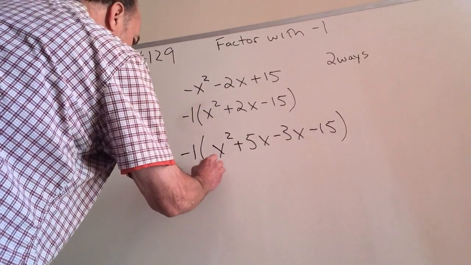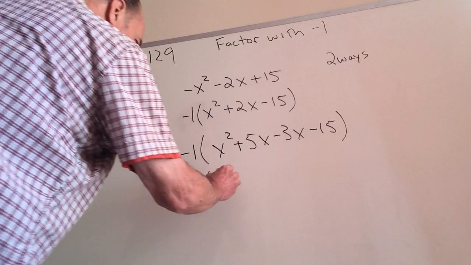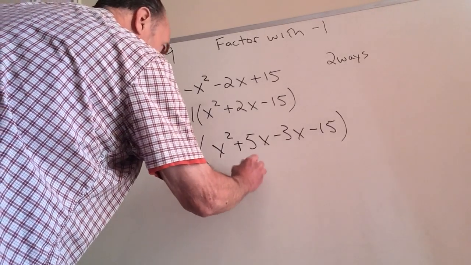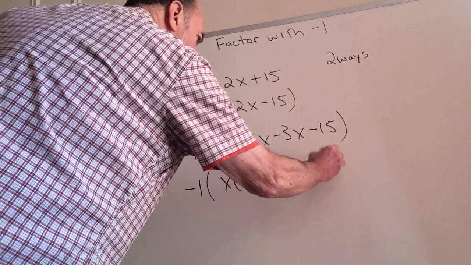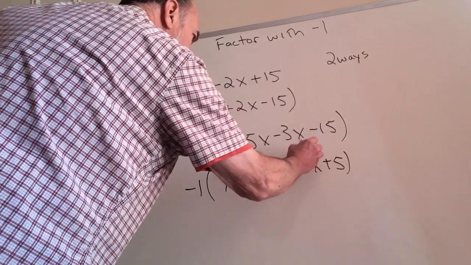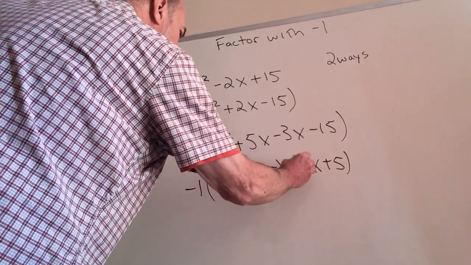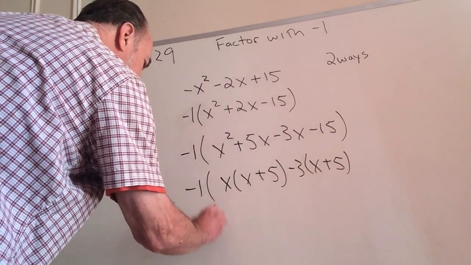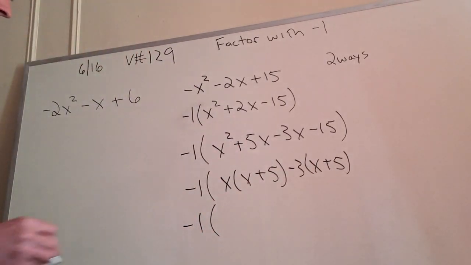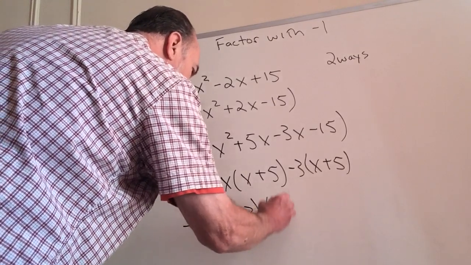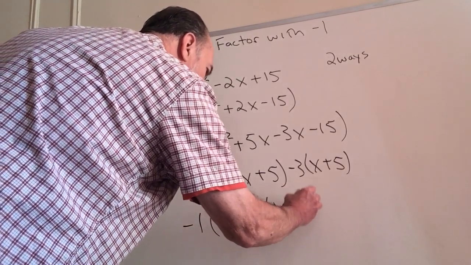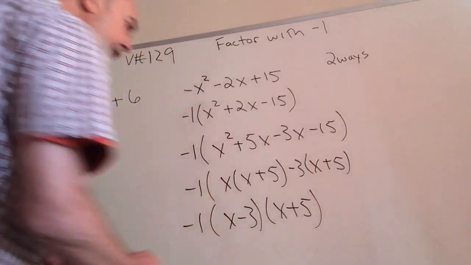And then keeping that -1 on the outside, I have x times x plus 5, rewriting the x plus 5. I have my -3x. And again, keeping the -1 outside, you see what I'm doing here. I have x minus 3 times x plus 5 in any order. So this is this.